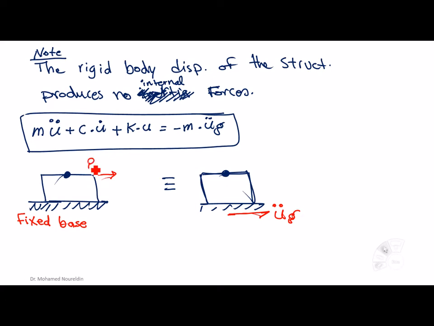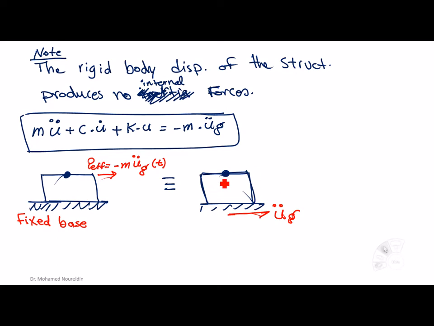We call this P effective, which equals minus m u double dot g, and this is changing with time. So they are equivalent.